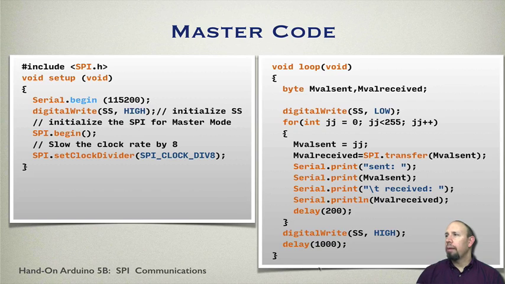In our loop program, we're going to define as a byte the two values, master value sent and master value received. So sent and received values, and each of those are going to be 1 byte. We first set the digital write to be low. I'm sorry, the slave select, we're going to pull that low.